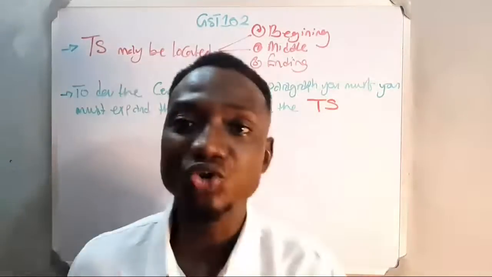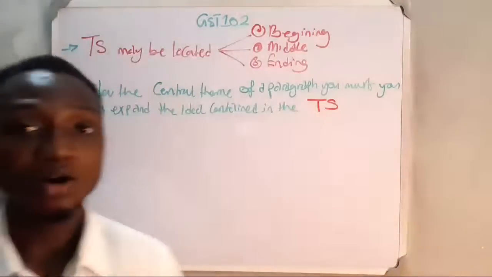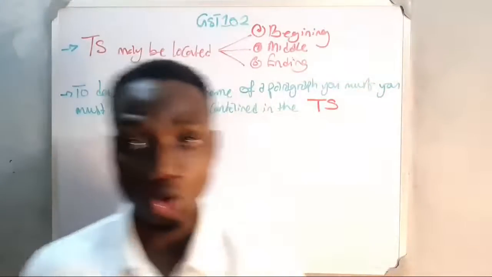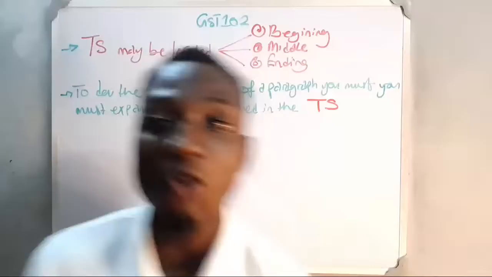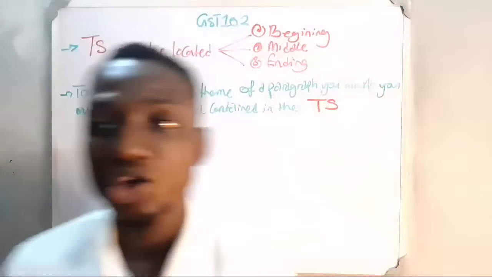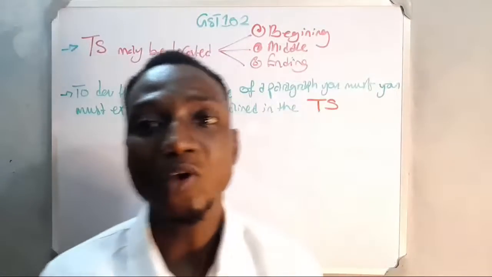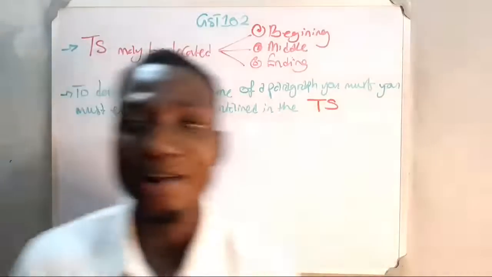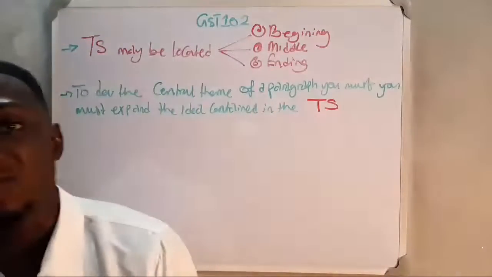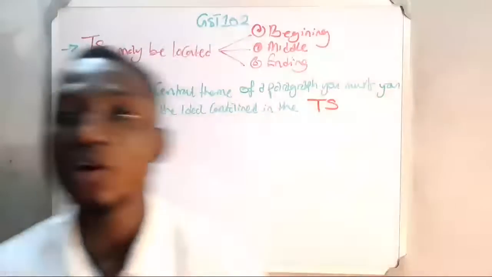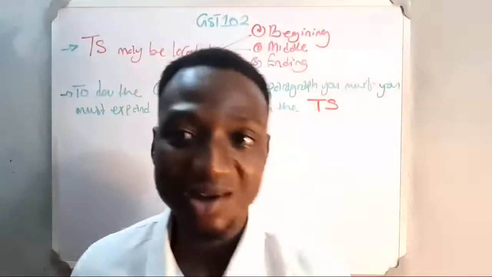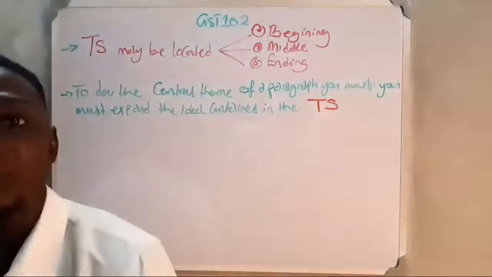Like the example I used about the TMA. You write an article on TMA, so you'll be seeing things like the full meaning of TMA, what TMA means, and how important TMA is to your GPA, to your final results per semester. What are the possible challenges?